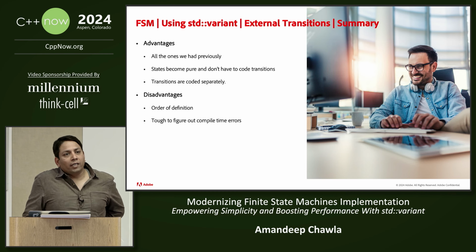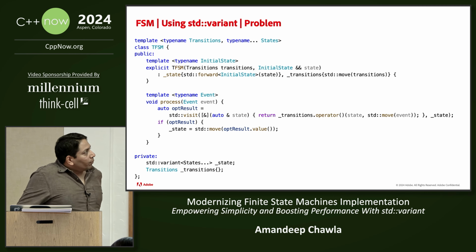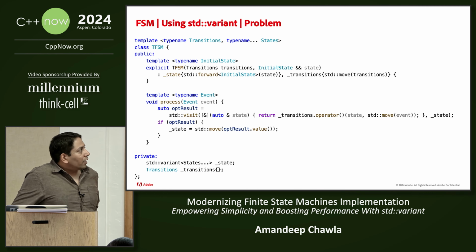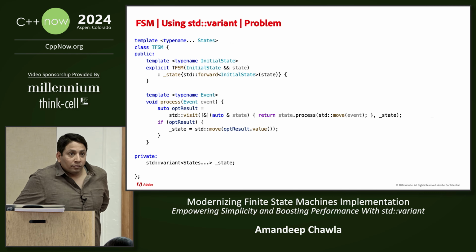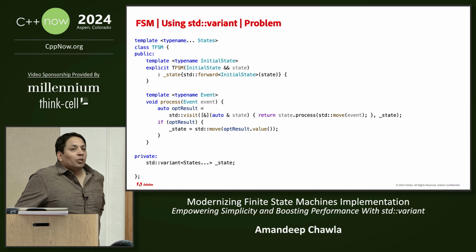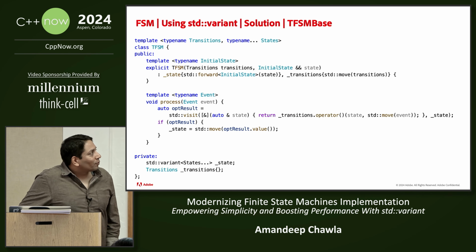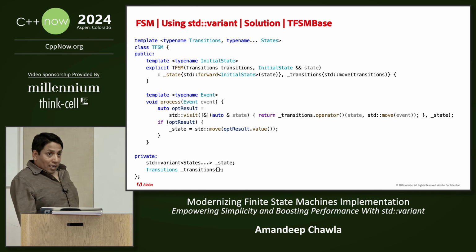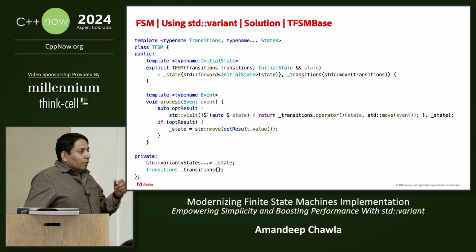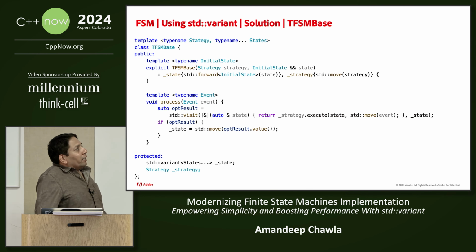We are not following DRY. In both the implementations, if you see, this was the implementation using external transitions, and this is the implementation using just states. There is a lot of the same code, even though it is very little. But what can we do? We can pick up this transition class and add another abstraction on top of it, generally called the policy-based design pattern, and plug in, rather than a transition, a strategy.